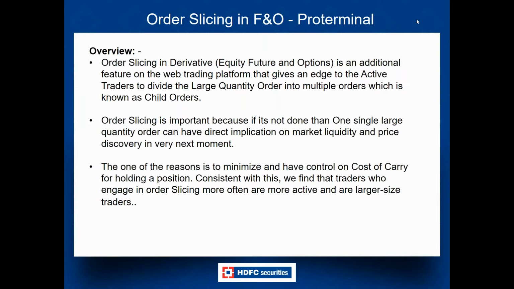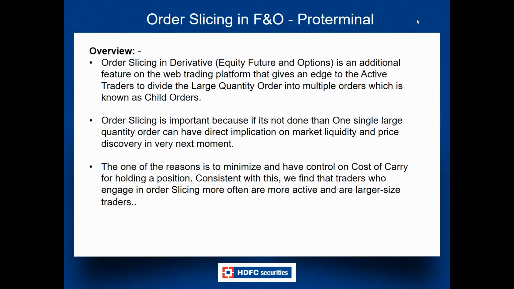For example, for Nifty, there is 1800 quantity that comes to around 36 lots. So you cannot place in one single order more than 1800 shares for Nifty, and for Bank Nifty it is 900 shares. And the same for different indices and stocks, there are different caps imposed by the exchange on the quantity in a single order.